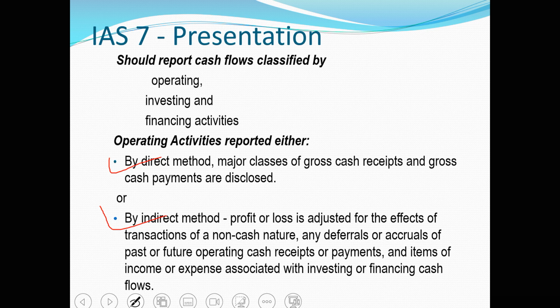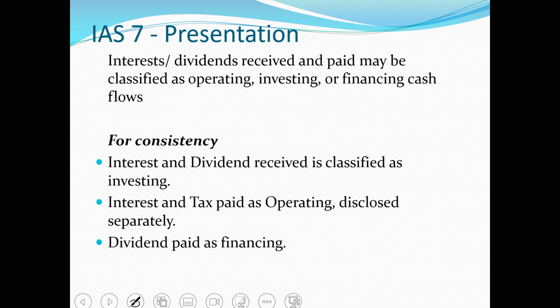So you have to determine the cash element of these activities and report them. But it exposes the entity. It's become an easy way for competition to know the sources of cash flows, and entities don't like to be so exposed. So they prefer the indirect method. Remember, it's about operating activities. It could be direct or indirect.